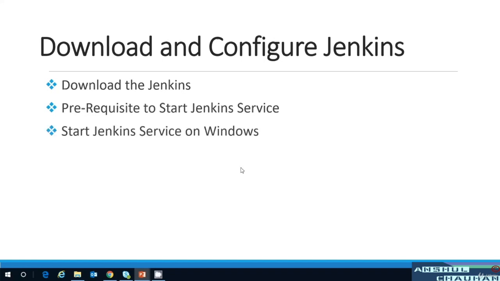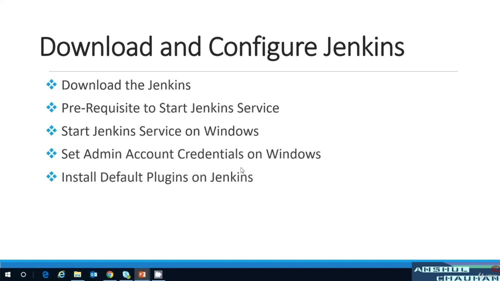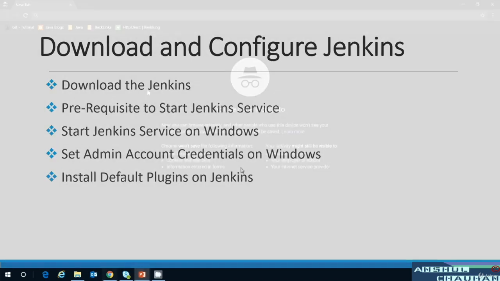Then we will see how we can start the Jenkins service on Windows. Then we set the admin account credentials. And after that, we will install default plugins on Jenkins. So these are the few things we are going to learn in this particular lecture.